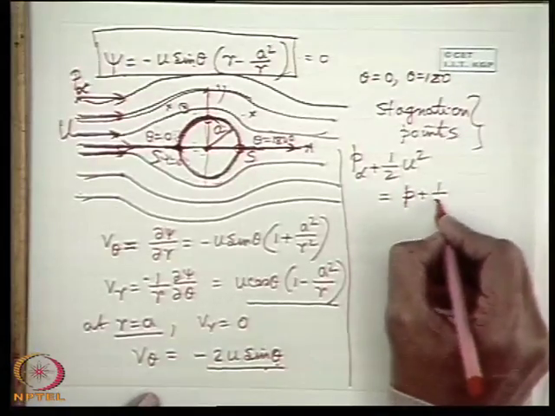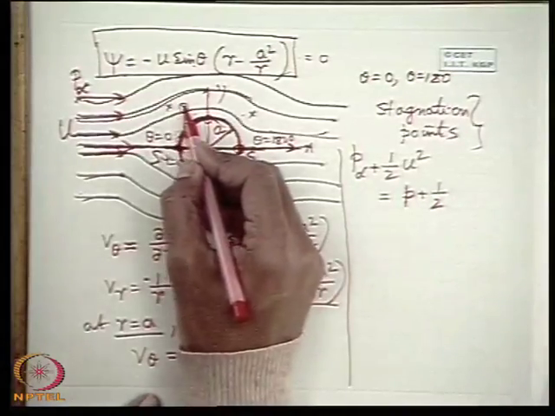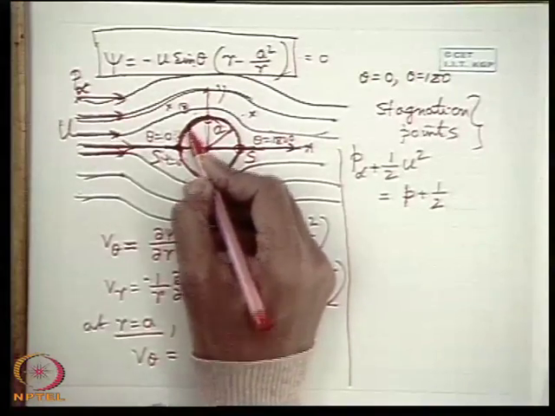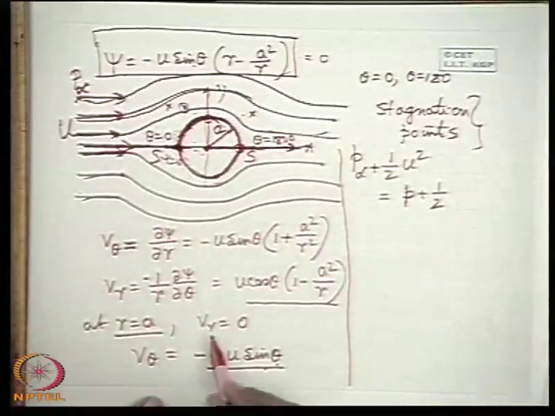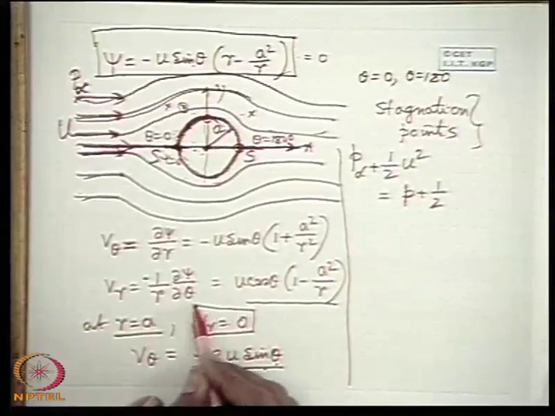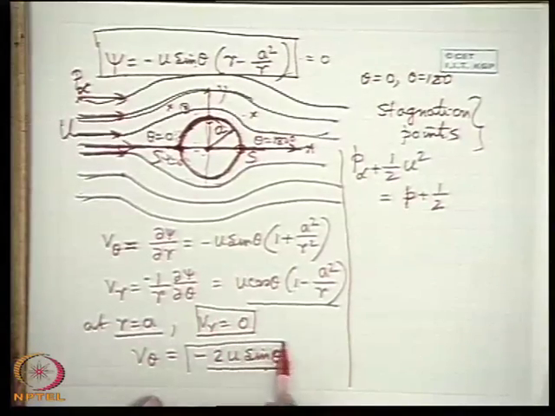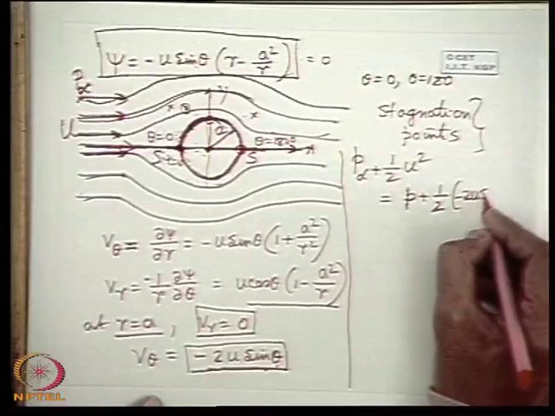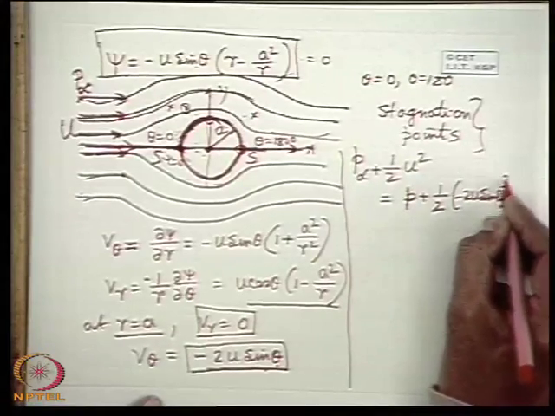That means we are interested to find out the pressure at any point, the pressure distribution equation, P plus half velocity square. But now if we take any point on the cylinder surface, then what will be the velocity at the cylinder surface? The radial velocity is 0. So the only velocity is v theta. So this is the velocity at the cylinder surface, minus 2u sine theta, whole square.